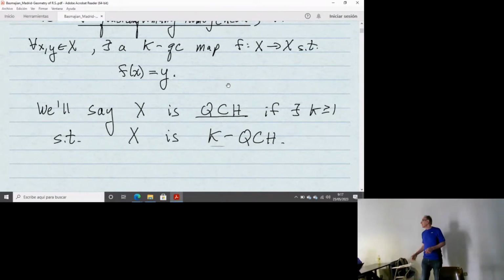So I'll say that the hyperbolic manifold is QCH if there is some K that makes it K-QCH. Okay?